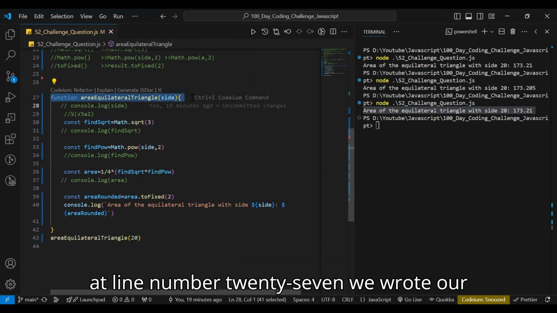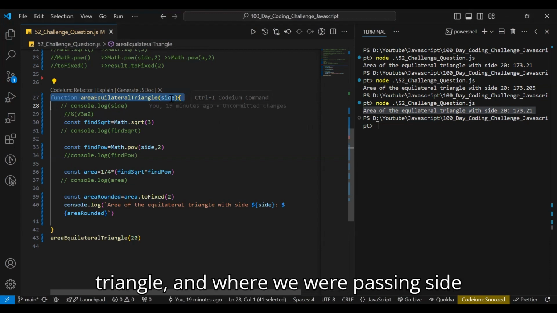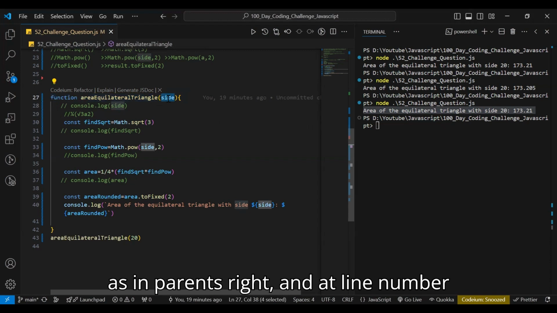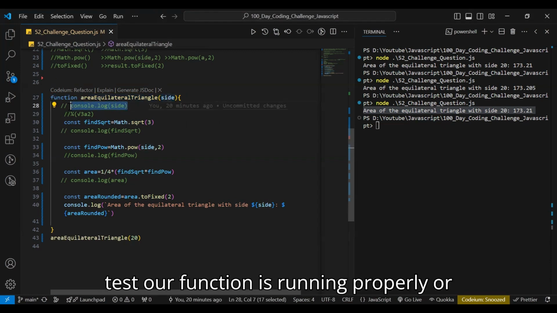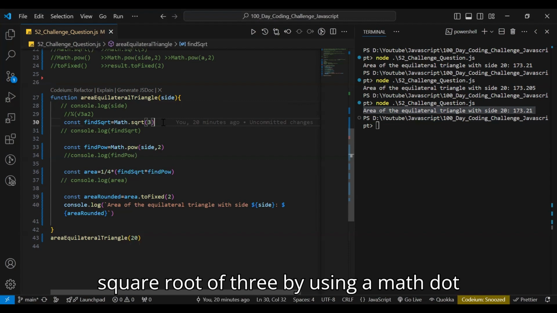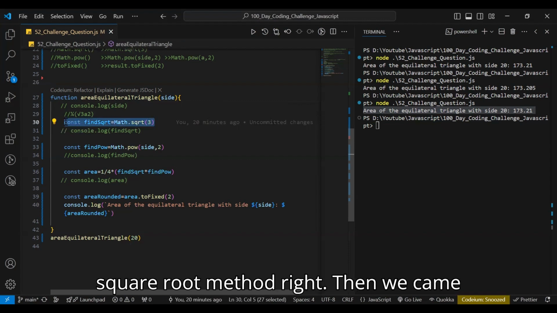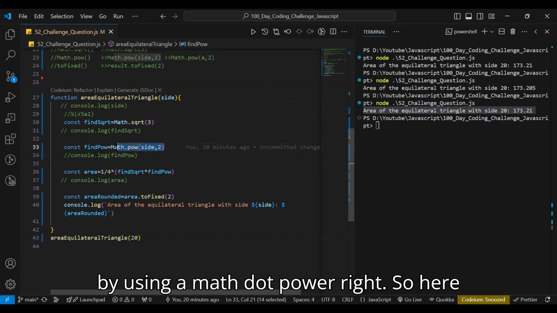At line number 27, we wrote our function, area equilateral triangle, where we were passing side as the parameter, right? And at line number 28, we just consoled our side to test whether our function is running properly or not. Then after that, we calculated the square root of 3 by using the Math.sqrt method. Then we came here and calculated our side square by using Math.pow.